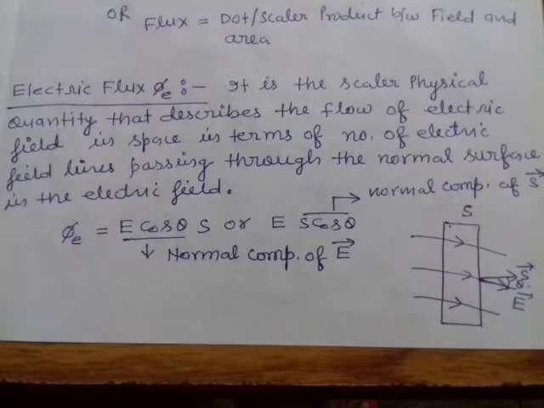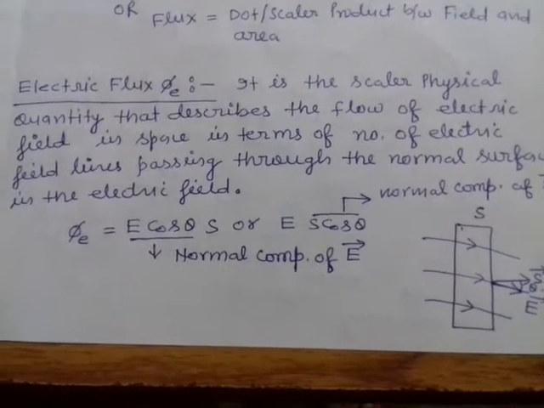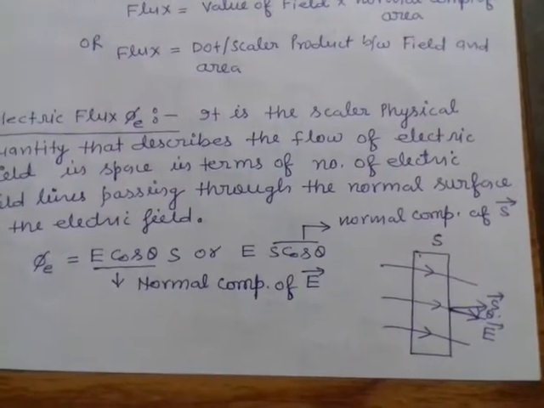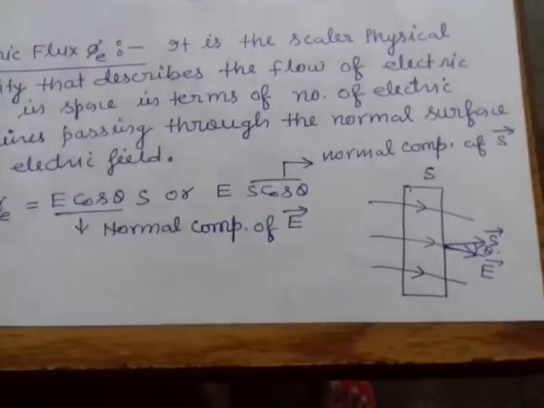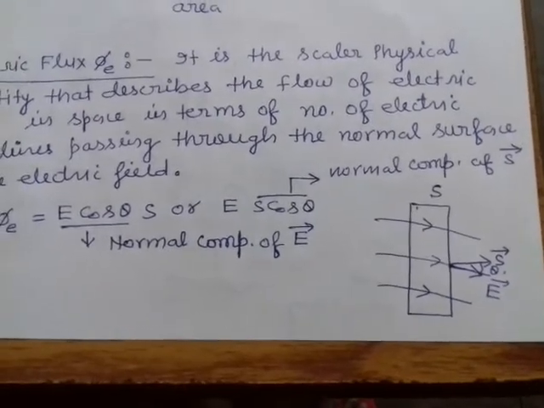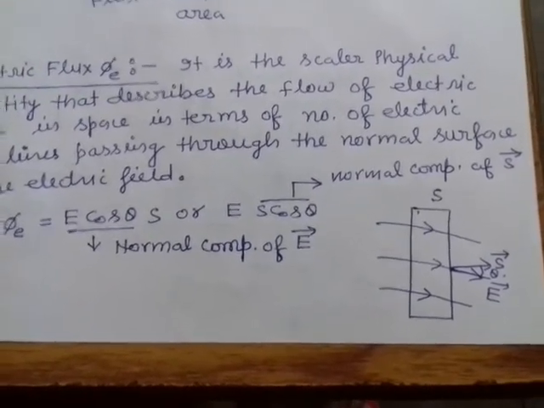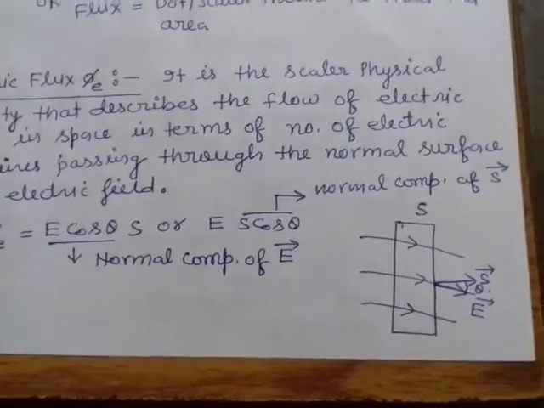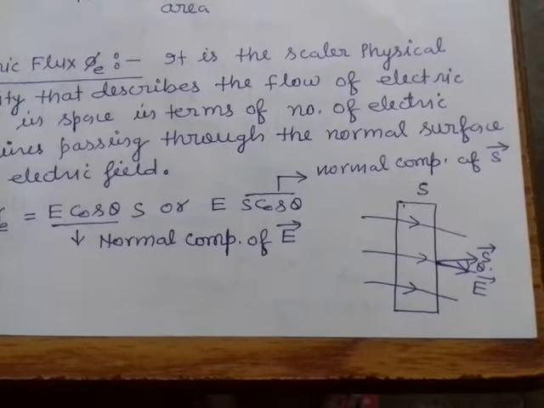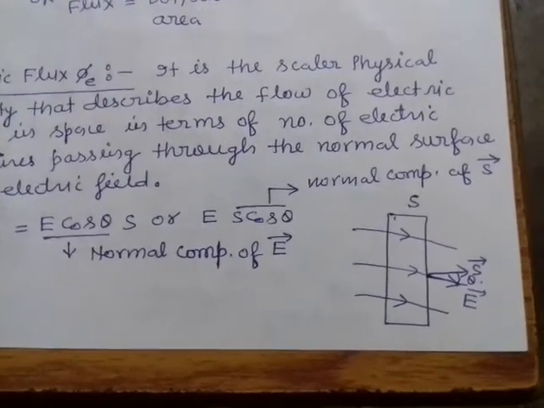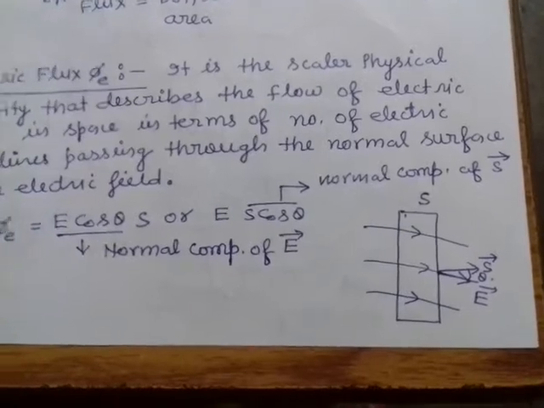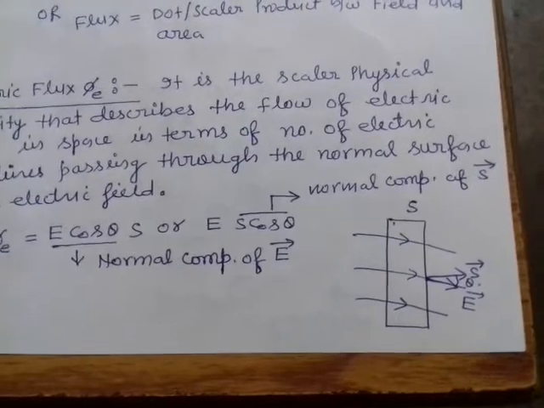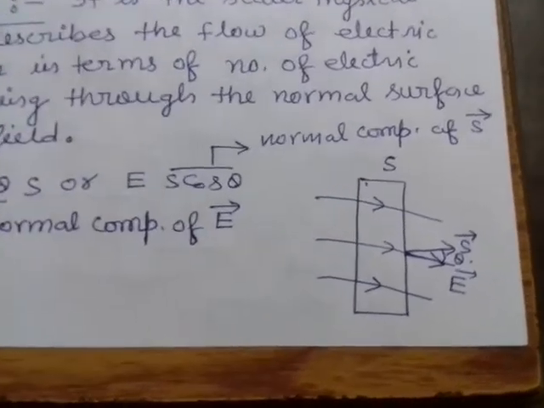Here E cos theta is the normal component of electric field and S cos theta is normal component of area vector. In the diagram you can see these are the electric field lines and there is a surface S. The angle between vector E and vector S is theta. You can see in the diagram.